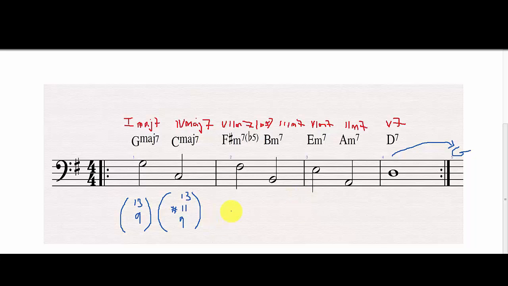So on this chord, the 7 minor 7, the tensions are always the 11th and the flat 13. This chord here is 3 minor 7, and on the 3 minor 7, the only tension you can have is the 11th.